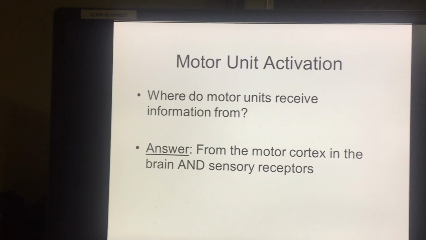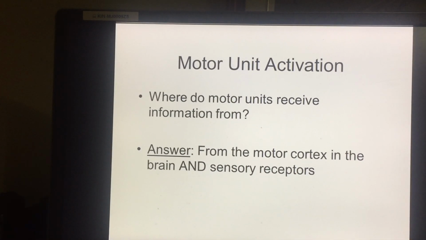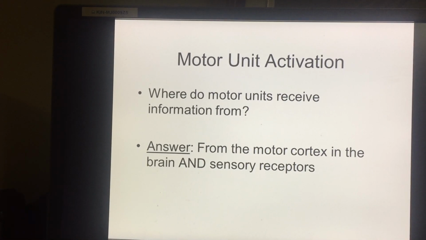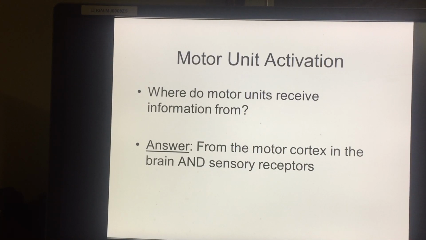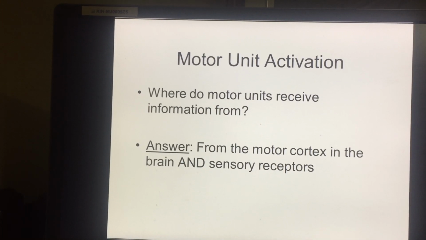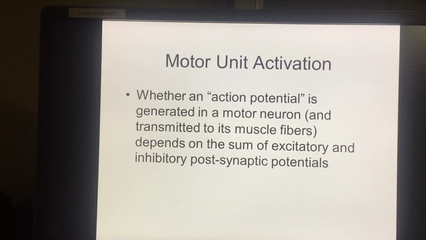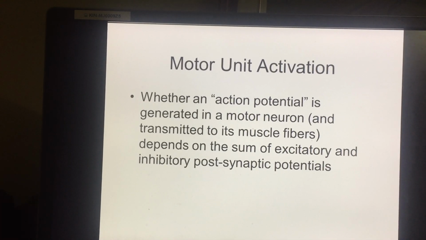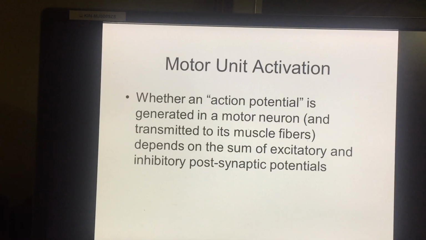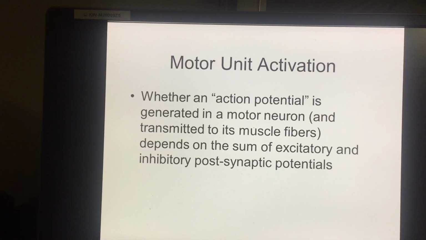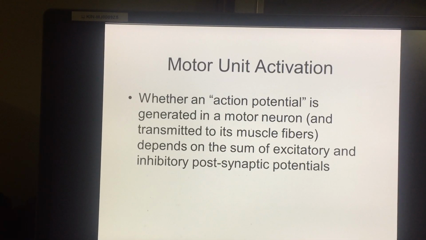But motor units also receive messages from sensory receptors. And this can be either inhibitory, so it prevents muscle contraction, or it can be excitatory, so it can increase muscle contraction. Whether an action potential is actually generated in a motor neuron and transmitted to its muscle fibers depends on the sum of excitatory and inhibitory input.